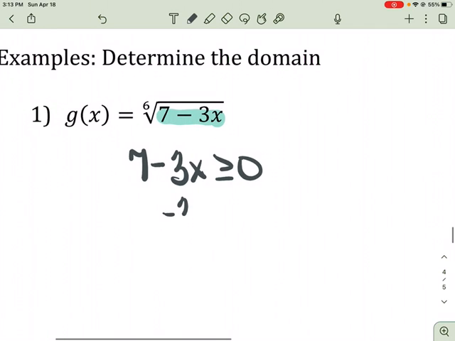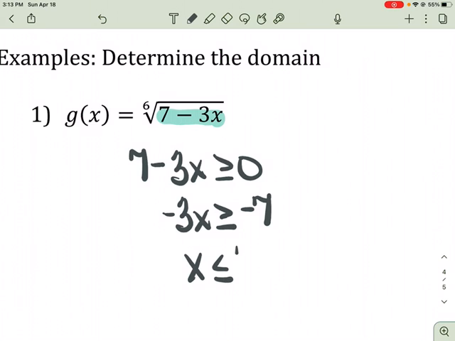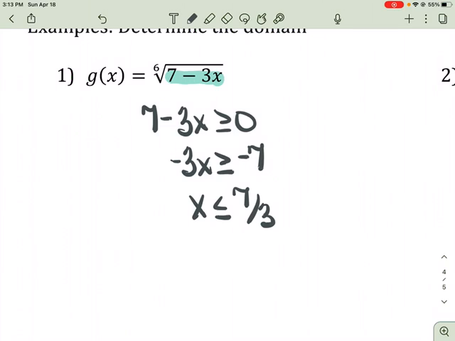So let's solve. We're going to subtract the 7. And then we're going to divide by negative 3. Please remember that when you divide by a negative with inequality signs, we have to flip the sign. So for this to maintain being positive underneath the radical, my values for x have to be less than or equal to 7/3. And that's going to be our domain.